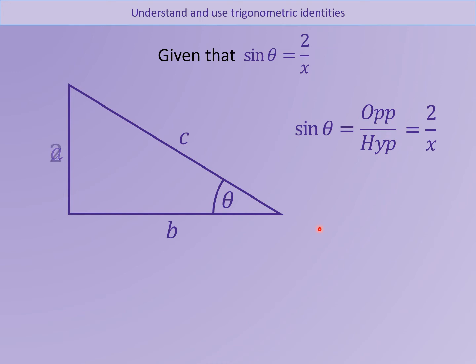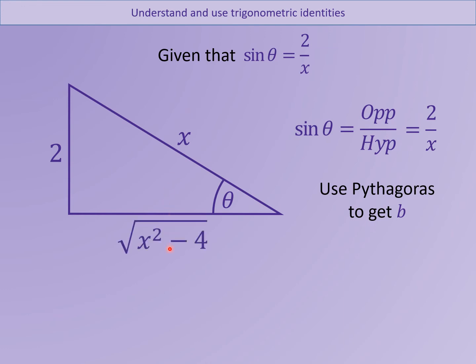So this side over here is equal to 2, as that's the opposite side to theta, and the hypotenuse is x. And then from that we can use Pythagoras theorem in order to get our third side of our right angle triangle. So I shall do that. And we would get the square root of x squared minus 4. That's just using Pythagoras.